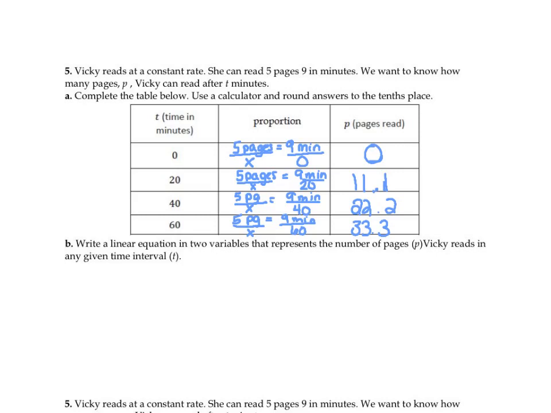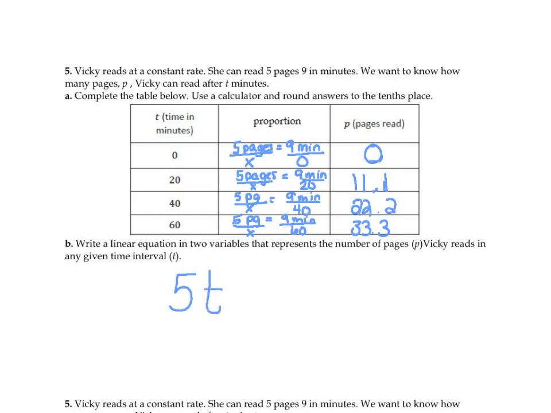So let's use that proportion that we set up every time. Every time we were taking 5 and we were multiplying it by whatever the T was. So in the first one it was 0, the second one it was 20, the third one it was 40.